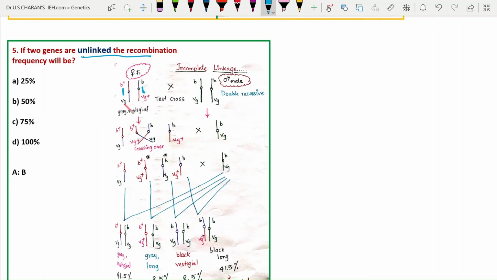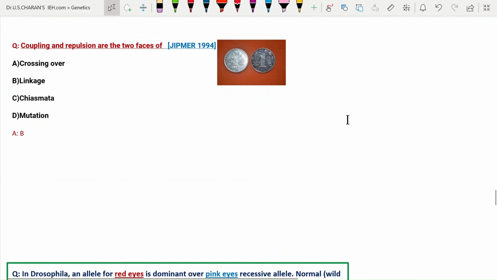From these two chromosomes, they formed 4 gametes. In these 4 gametes, 2 are parental gametes and 2 are recombinant gametes. So 50% are parental gametes and 50% are recombinant gametes. So the chance of recombination is 50%. Coupling and repulsion are 2 phases of.